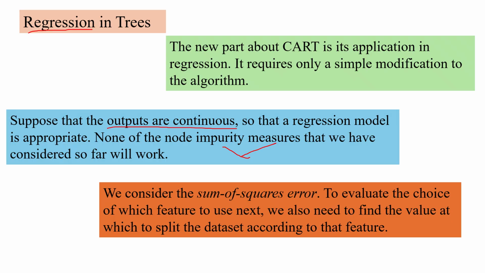Our Gini index or previously studied information gain or gain ratio are all for classification. So we come back to our well known and well applied sum of squares error. We will take into consideration the sum of squares error.